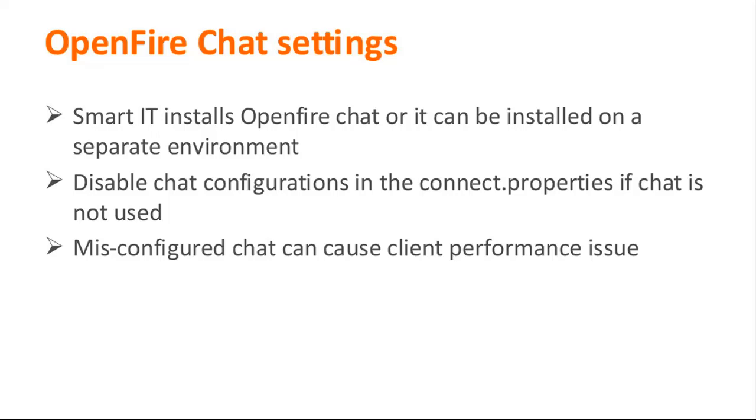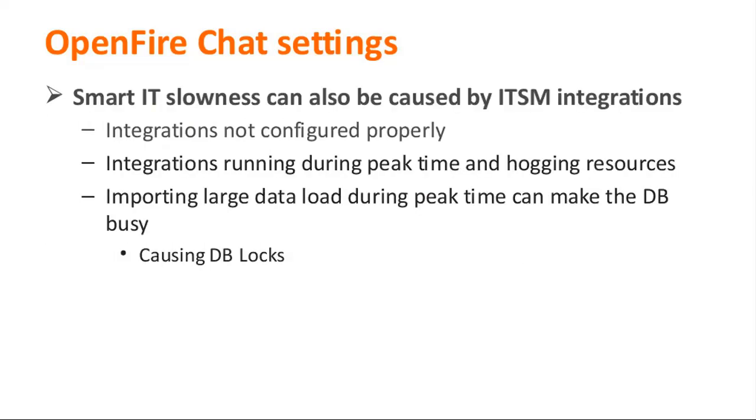So there's no functional implication, but it's extra work that can be avoided if you cleanly disable OpenFire when it's not needed in the connect.properties, which is a Smart IT configuration file that can be found on the Smart IT server. So there's a connect.properties on each of these Smart IT servers.